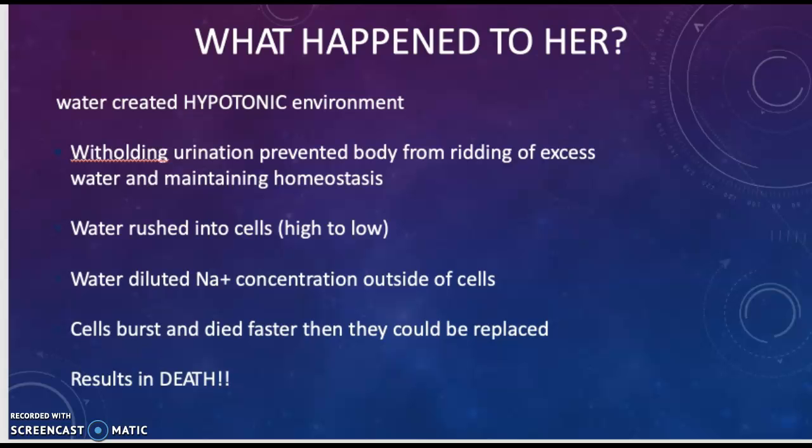And they died faster than they could be replaced, and she died. So that sucks. And you can't do it. Don't do it. The amount of water she drank in under 3 hours is the amount a pregnant woman should drink in a day. Or some athletes might drink in a day, but don't drink that much water without going to the bathroom. You will die.